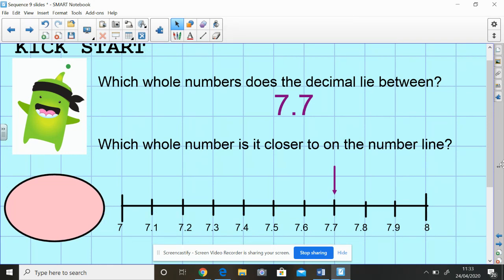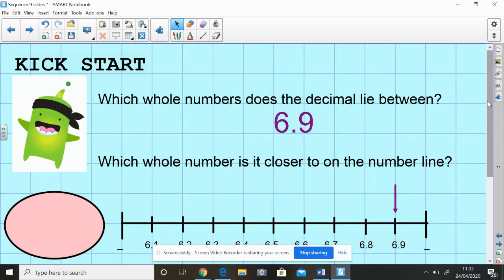What is the next thing I need to do? I need to look at the tenths column and decide, is the tenths column 5 or above, or is it below 5? 7 is above 5, so that means we round the number 7.7 up to the nearest whole number, which is the number 8. And from our number line, you can see that 7.7 is closer to 8 than it is to 7.